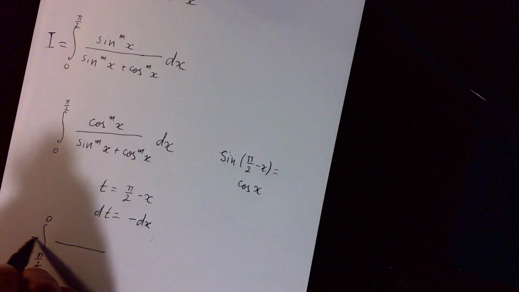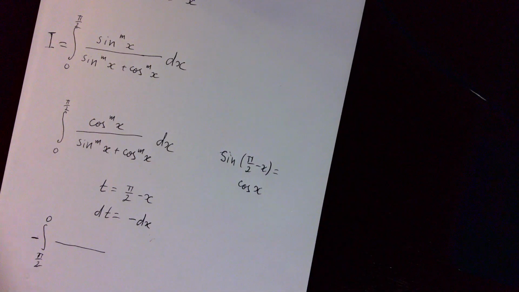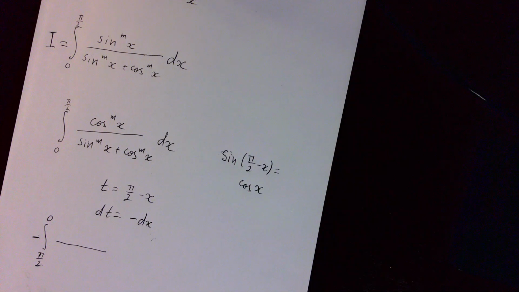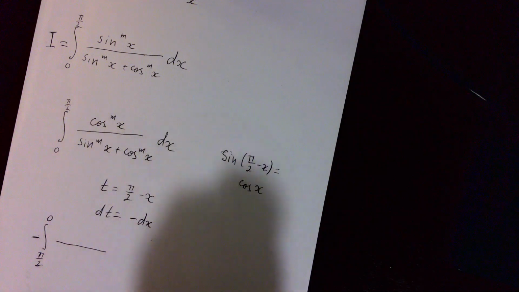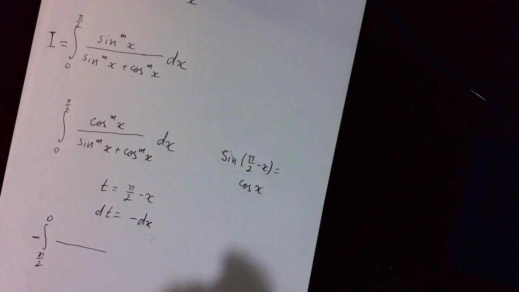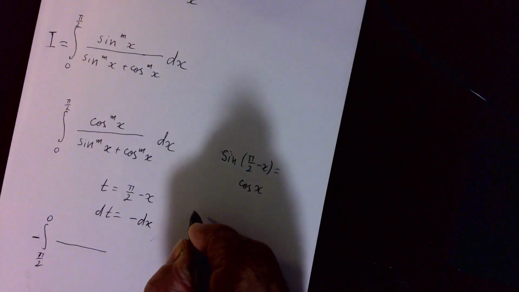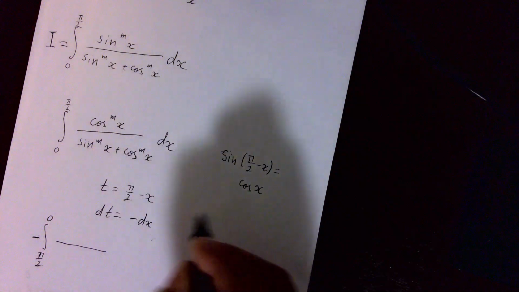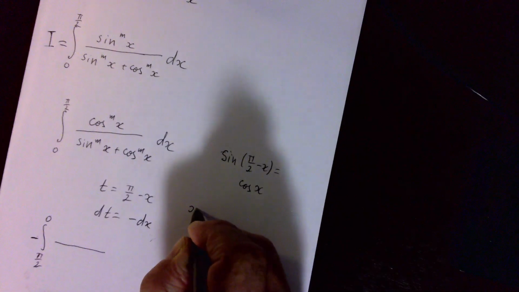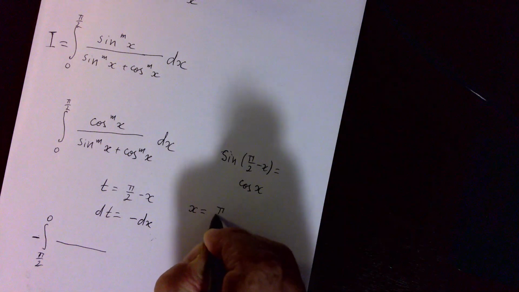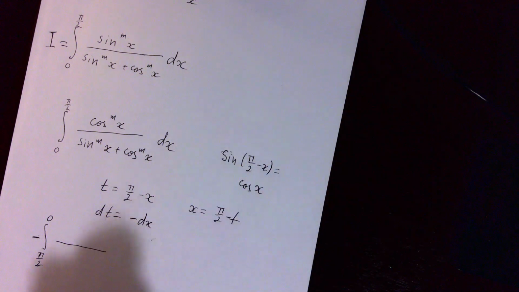I can write minus here, and the cosine of pi over 2 minus t, because t is pi over 2 minus x, which is the same as x is pi over 2 minus t.